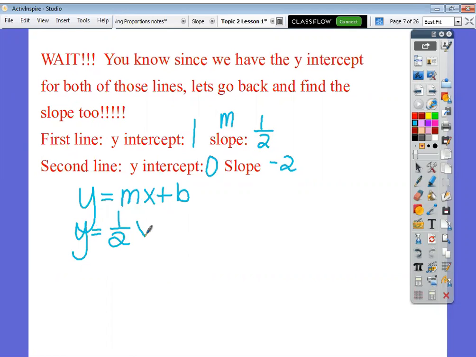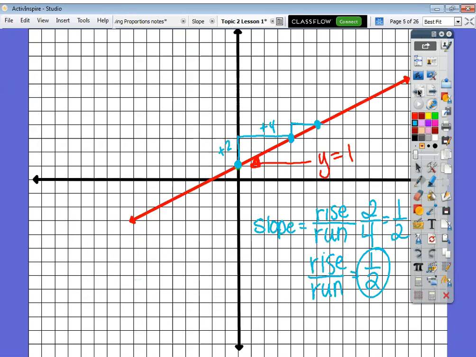Okay? Then I told you the y and the x are stationary. They're going to stay in there. They're like statues. All right, they're cemented into slope-intercept form. They're not coming out of this. And my y-intercept is the b. So it's plus 1. So congratulations, you guys. Okay, this equation right here is y equals 1/2 x plus 1. There's the graph, and there's the equation that goes with it.